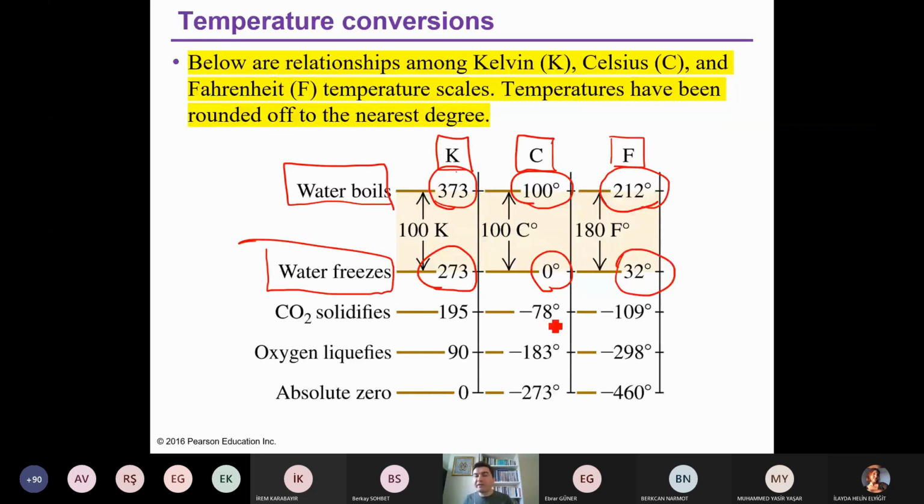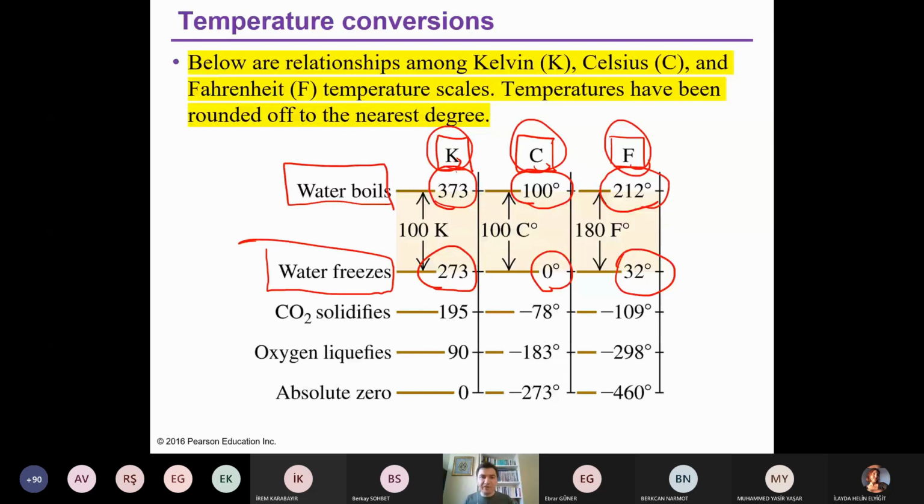So is Fahrenheit used in real life or not? Yes, it is used. In some countries Fahrenheit is used. In Turkey we use the Celsius scale, and as I told you, Kelvin is also used in industry and science.